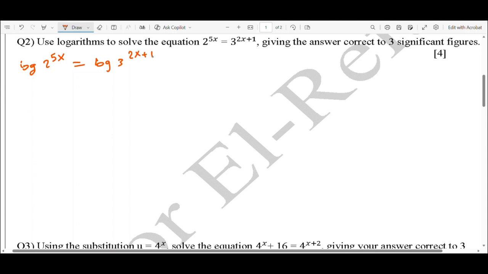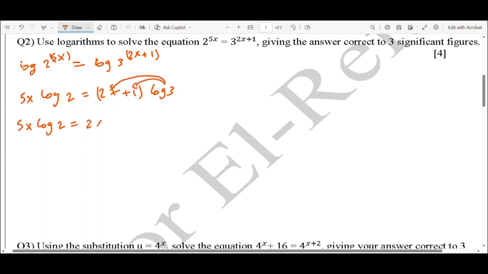It will be 5x times log 2 equals 2x plus 1 times log 3. 5x log 2 equals, do expansion, 2x log 3 plus log 3. 5x log 2 minus 2x log 3 equals log 3.